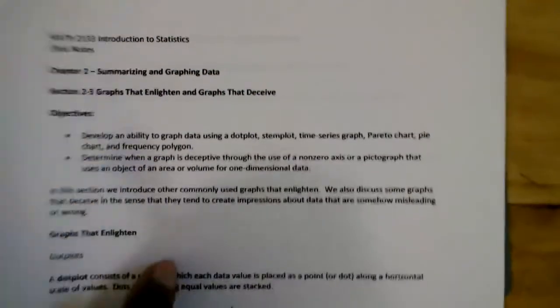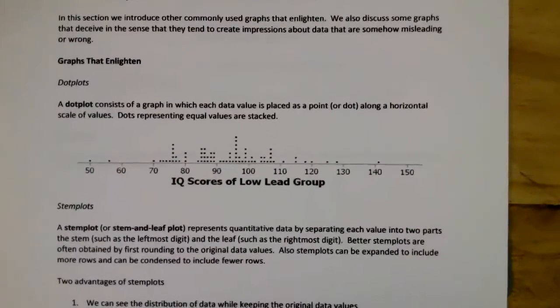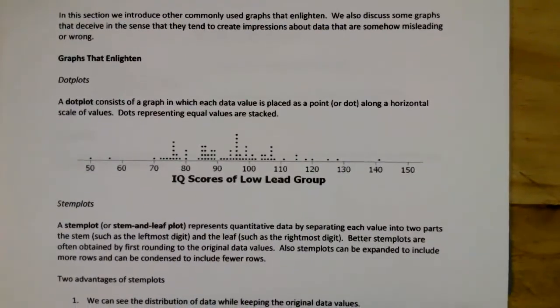One of them is a dot plot. And in a dot plot, it consists of a graph in which each data value is placed as a point or dot along a horizontal scale of values. Dots representing equal values are stacked.